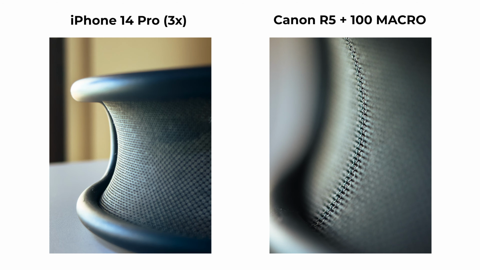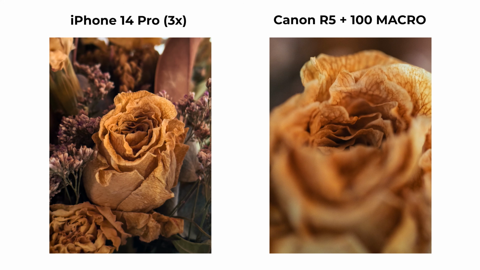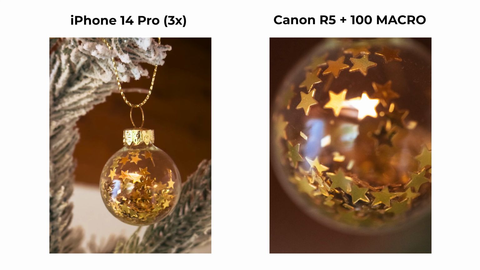Unfortunately though, the 3x is not a perfect lens, because as I told you, it is not a macro lens, so you can see that the result of the macro lens is much closer compared to the 3x. But considering the 70 centimeters of minimal distance, I think the result is very usable if you're looking to get a close-up shot.